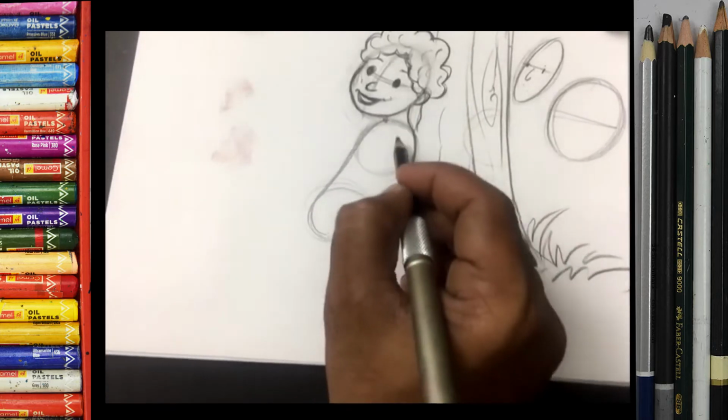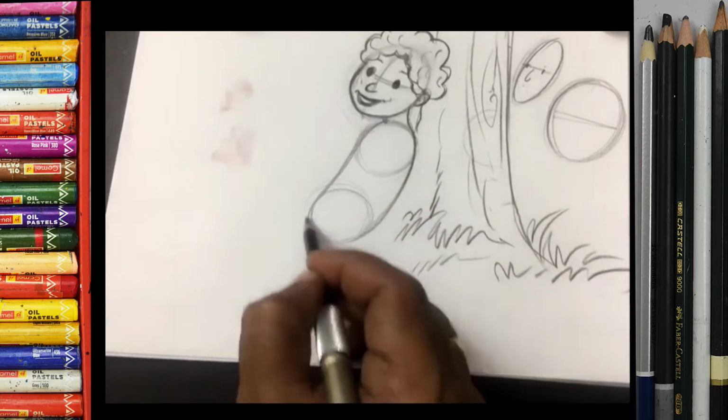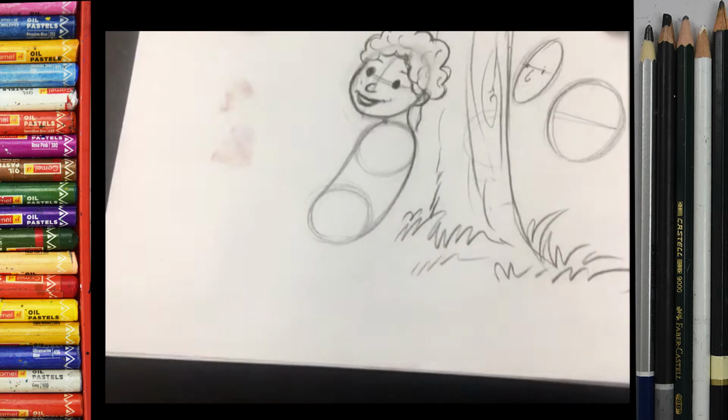Now here this is called the torso and this is called the pelvis. Okay, torso and pelvis.